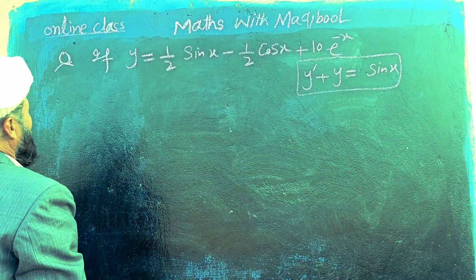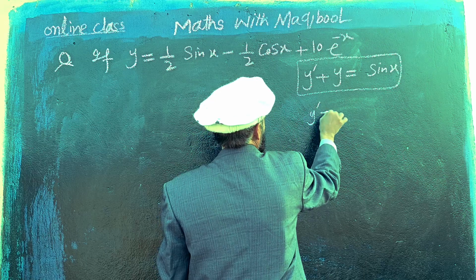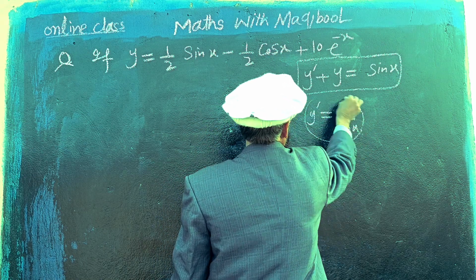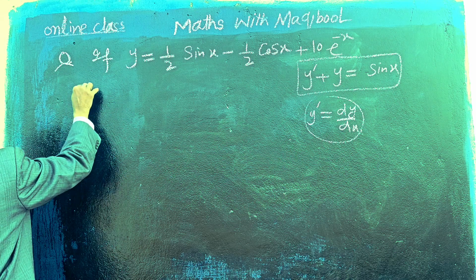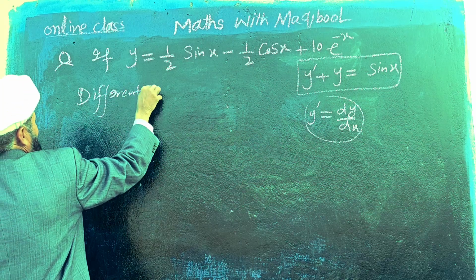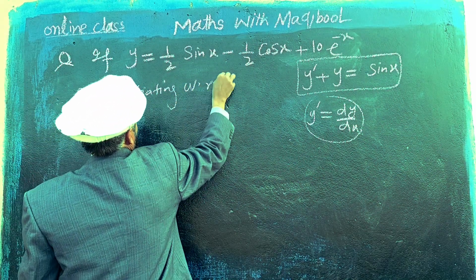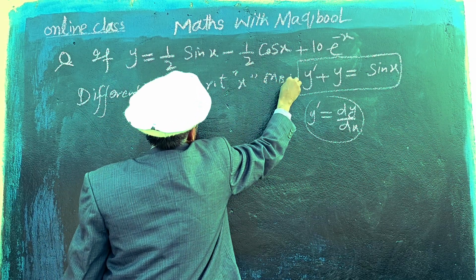Now y dash means we are taking the first derivative dy by dx. Now we are differentiating with respect to x on both sides of this equation.